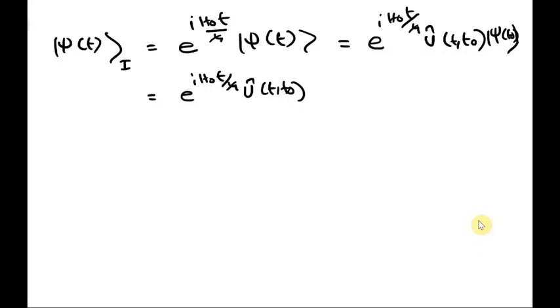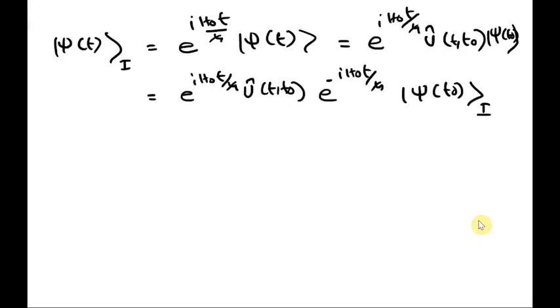How do they connect? Just a reverse of this ψ_I from this. So this is like the minus of that quantity, that will become e^(-iH₀t₀/ħ) into your ψ_I(t₀).